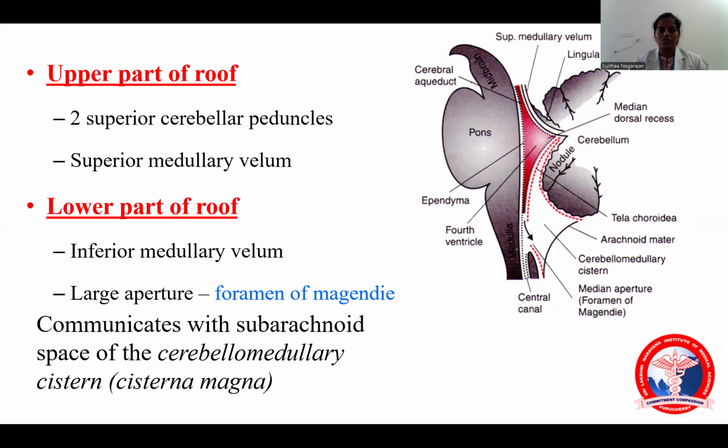This foramen of Magendie communicates with the subarachnoid space of the cerebello-medullary cistern, which is the cisterna magna.